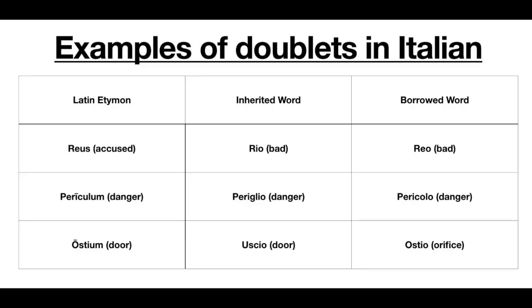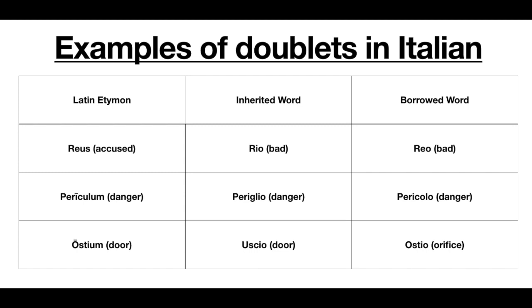And a really easy example I can give would be something like the word for bad or guilty in Italian, which would be the word rio. Rio in Italian means bad, guilty. We also have the version reo. Reo also means guilty or bad. Both those words ultimately come from the Latin word reus, which means bad or guilty.